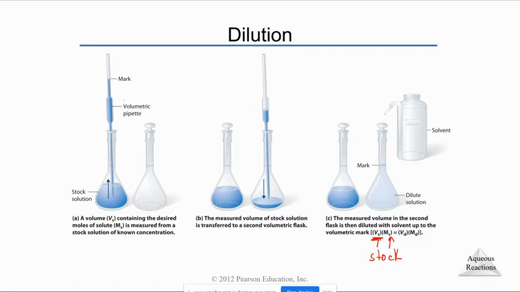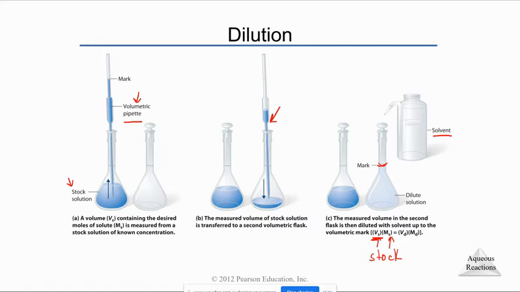So you can see in this particular example, we've got our stock solution here. We've calculated what volume we need. We're using what we call a volumetric pipette to pull up that more concentrated solution. We deliver it to an empty volumetric flask, whatever size you need. And then we fill to the graduation mark with solvent to make our more dilute solution.